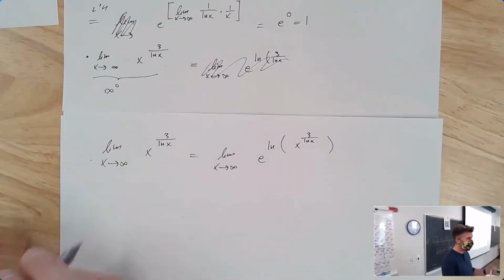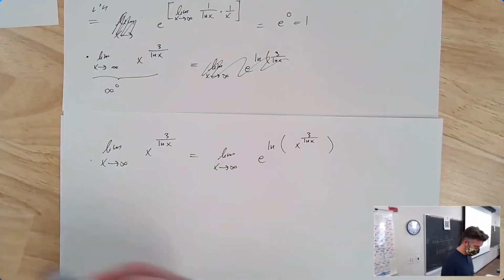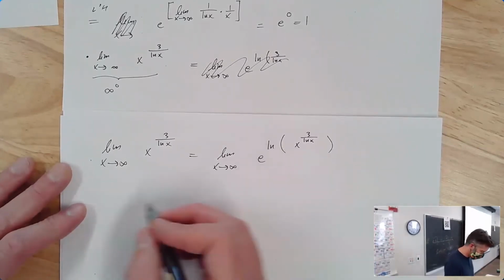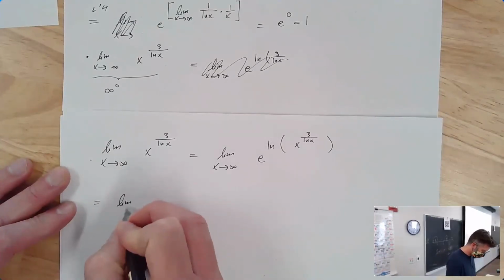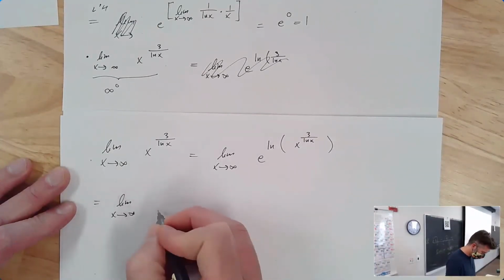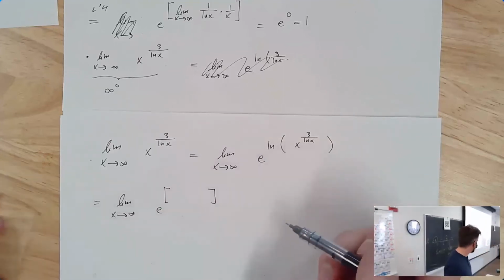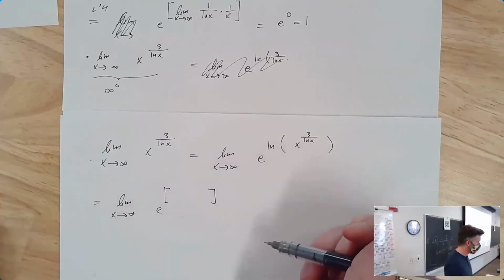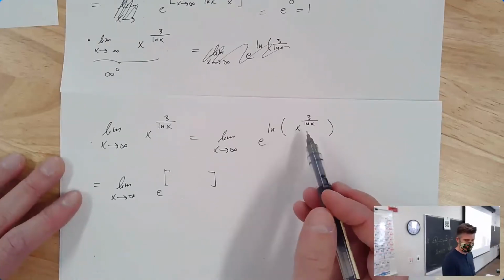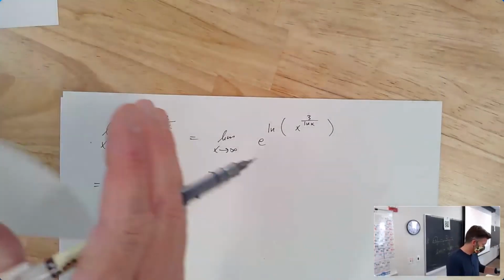Okay. Again, the whole reason for doing this is that it allows us to bring down the power. So what am I going to bring down in front of the natural log here? So what am I going to have in my exponents now?